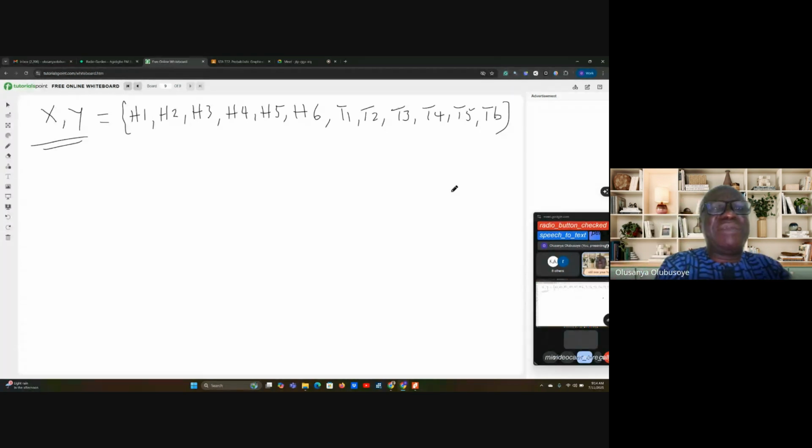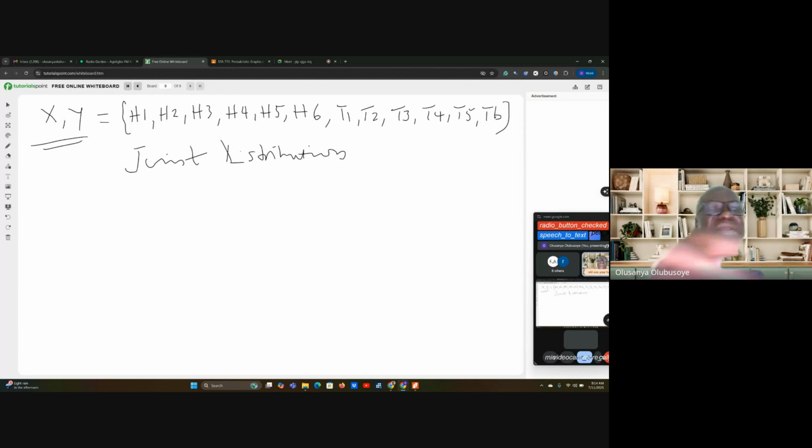So we can talk about a joint distribution table. Sorry, a joint probability distribution, which is what we want to talk about.